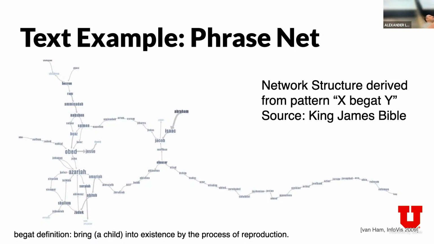And the only thing they looked for is a pattern like name X begat name Y, right? And that begat, for everybody who's not a native English speaker, essentially means fathered, or is the father of or the mother of, right? So these are parent-child relationships. And just by doing that, they were able to extract structured information from the Bible. And so you see that here, like Abraham begat Isaac, begat Jacob, and so on.